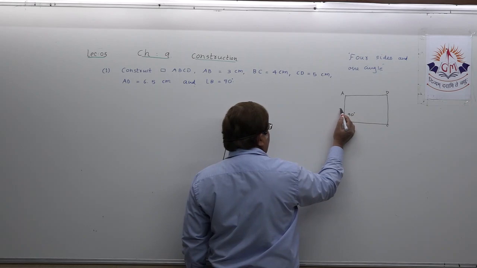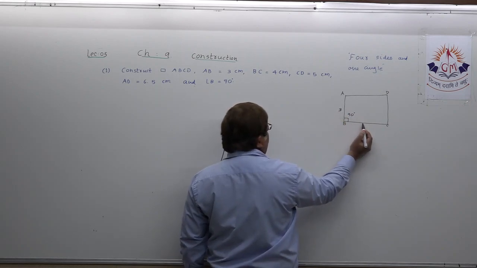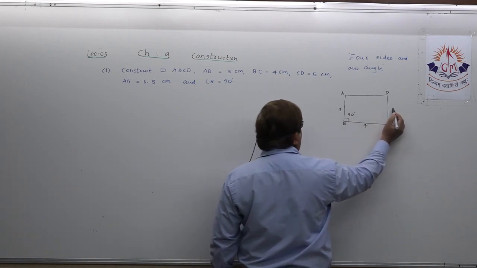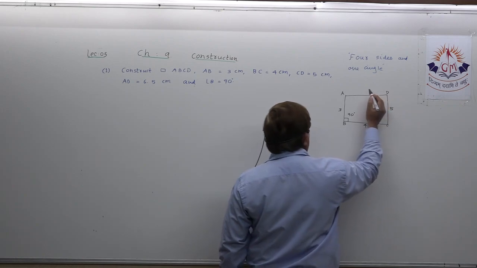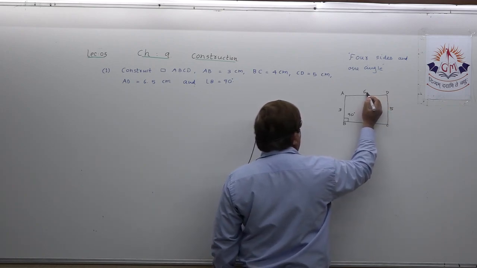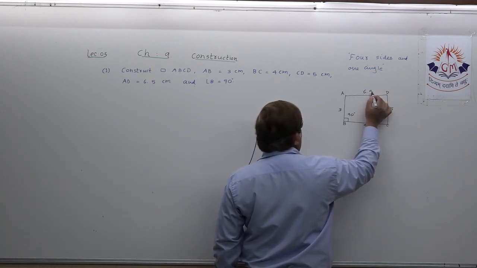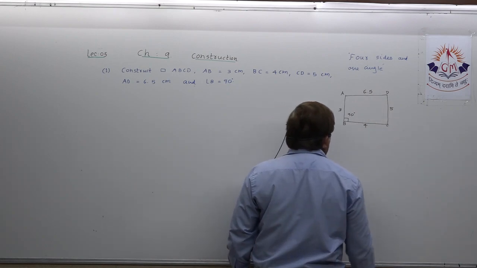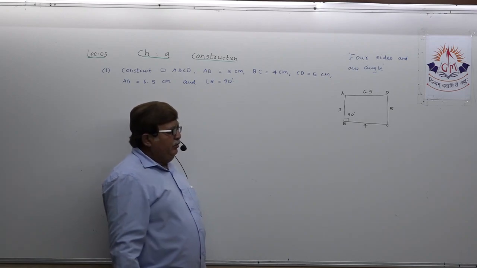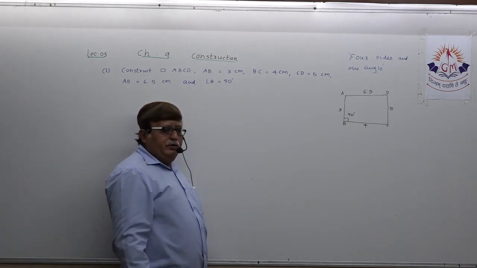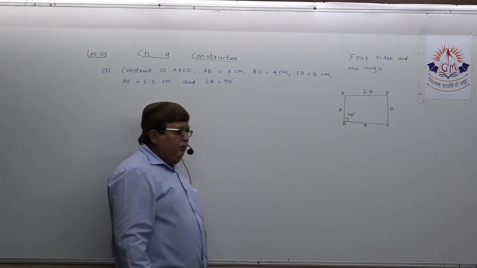AB is given 3 centimeter. BC is given 4 centimeter. CD is given 5 centimeter. AD is given 6.5 centimeter. This is the data available to us, and this is the rough sketch we have drawn.